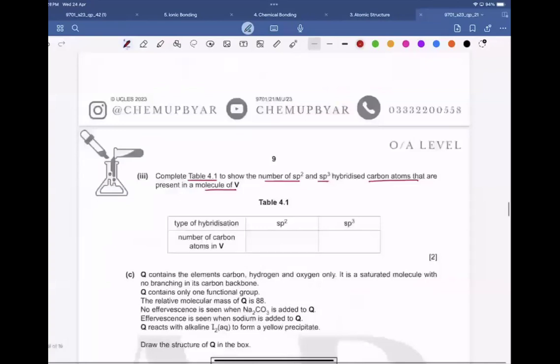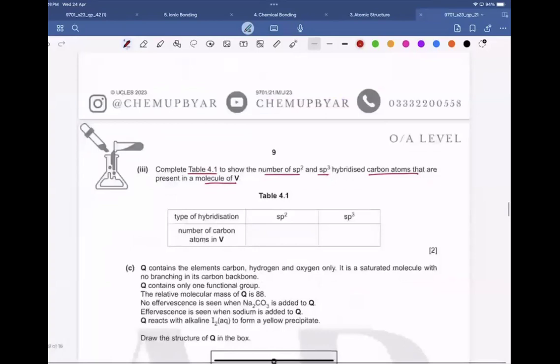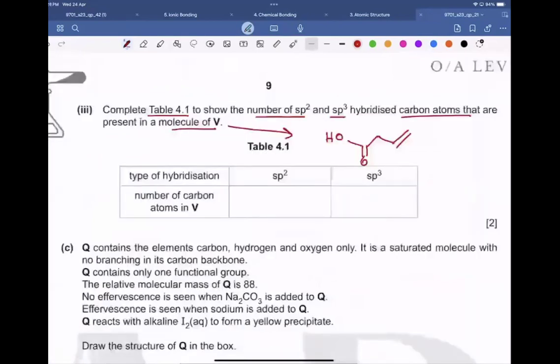Here we got V. What, Fiza? Okay. Now, if you see, there are two carbons with a double bond, and the double bonded carbons are called sp2 hybridized, right? And if you see, there are three carbons which are sp3 hybridized.